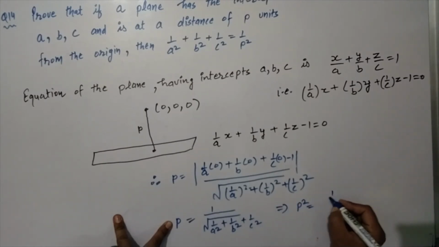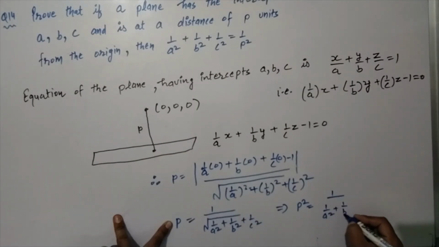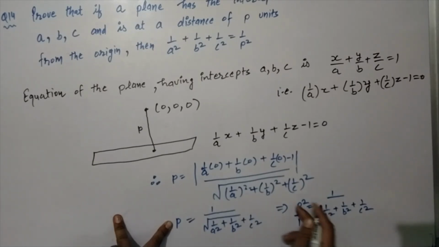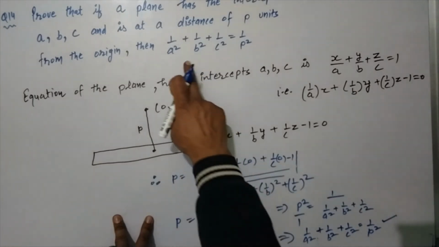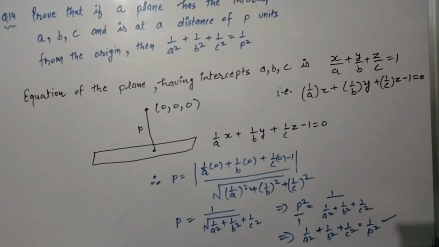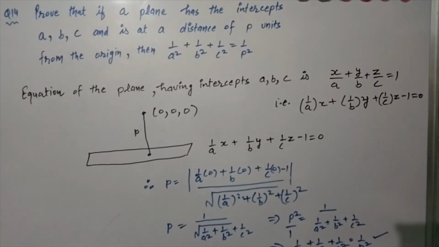So this becomes p square is equal to 1 upon a square plus 1 upon b square plus 1 upon c square. Or we can say, cross multiplying, 1 upon a square plus 1 upon b square plus 1 upon c square is equal to 1 upon p square. Hence proved. So this was what we wanted to prove. Now next question.